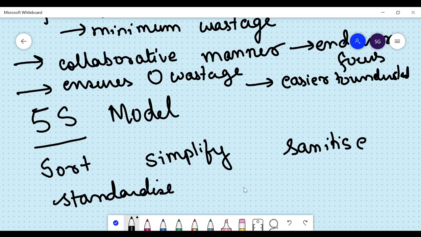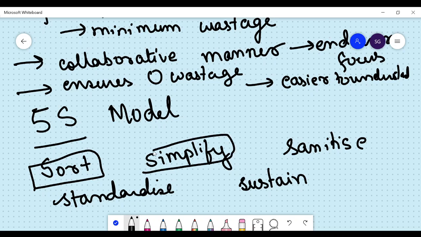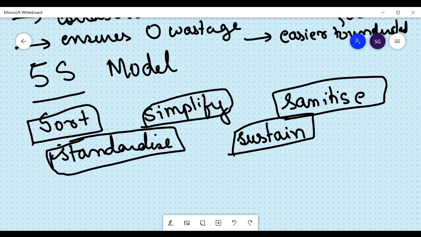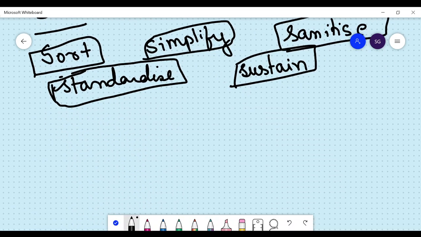And the last one is sustain. Sort out the information, simplify it, sanitize it, filter it out, prepare it in a standardized form, and sustain that form. So this is about the 5S model. This model helps to implement the lean information system.